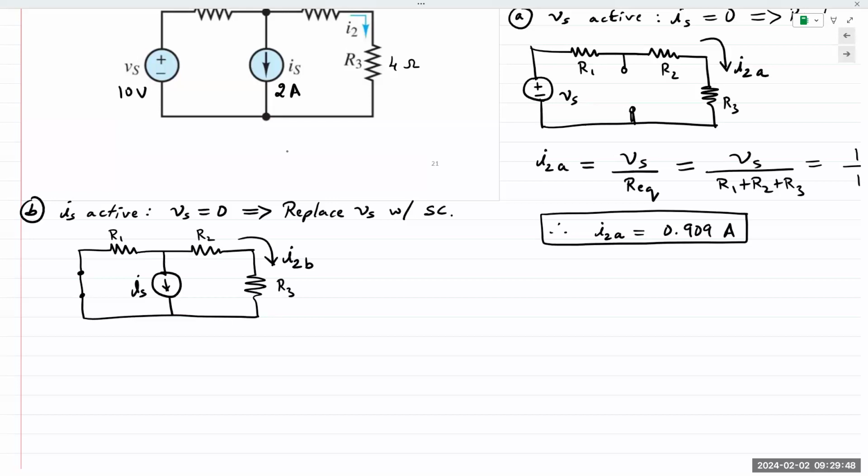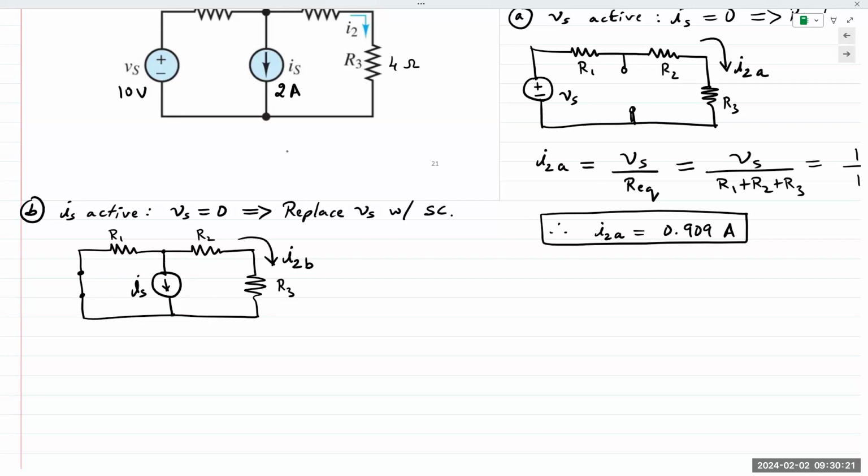R2 and R3 are not altered in any way. They are still in series. How about R1? What happens to R1? It is parallel. Anyone else? So R1 is connected to R2 at the top. And then, of course, R2 and R3 are in series.